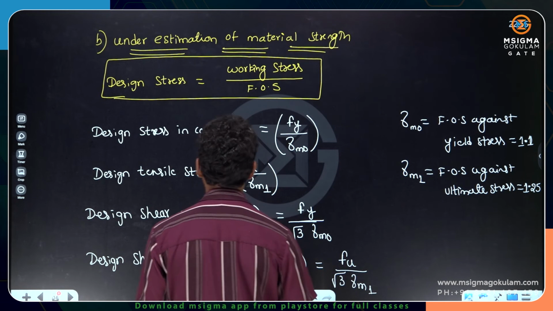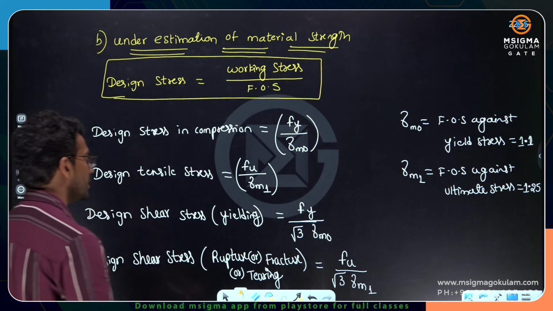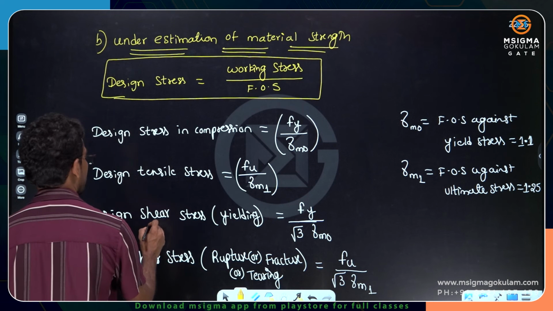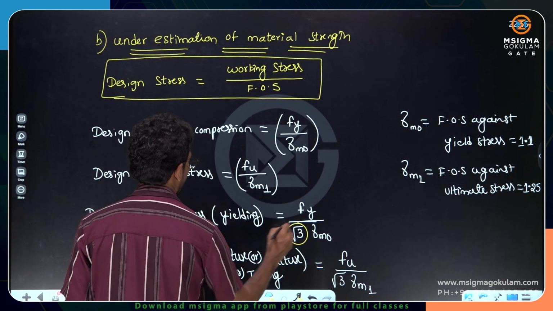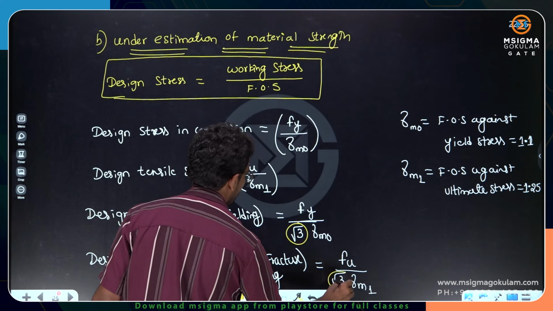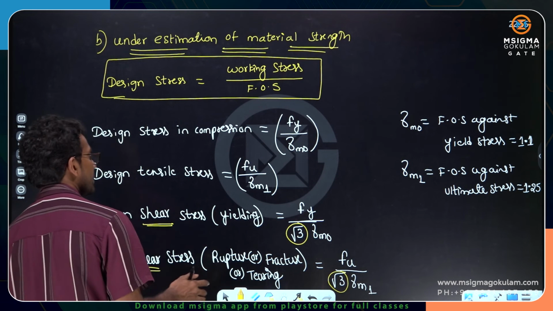Okay, please understand, when I talk about shear, always an additional factor of safety comes into picture. So, please keep this in mind. When I say shear, root 3 comes automatically. Whenever there is a shear, root 3 comes additionally. Please understand that. These are very important things which you have to understand.